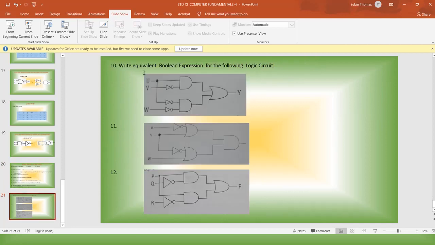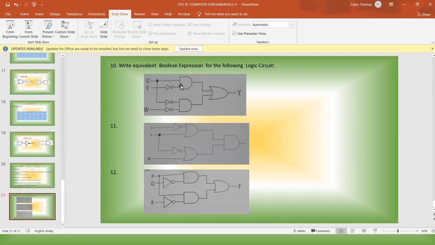See this question: write the equivalent Boolean expression for the following logic circuit. Whatever the output, you have to generate a Boolean expression for this logic circuit. One I'll explain here. This is U and this is V. V is given to this NOT gate and it will produce V complement.